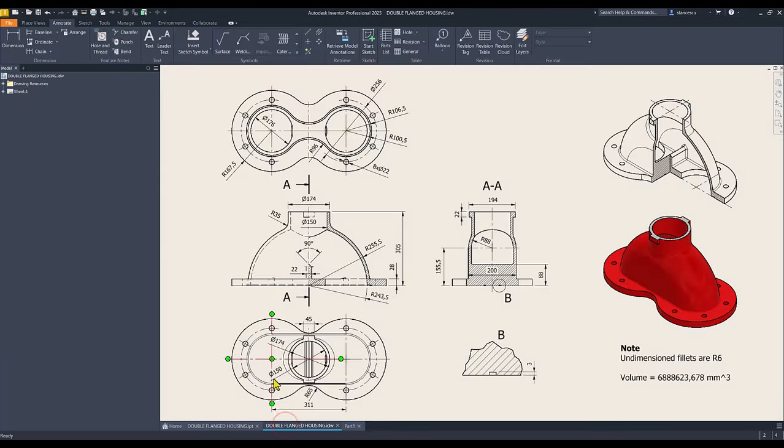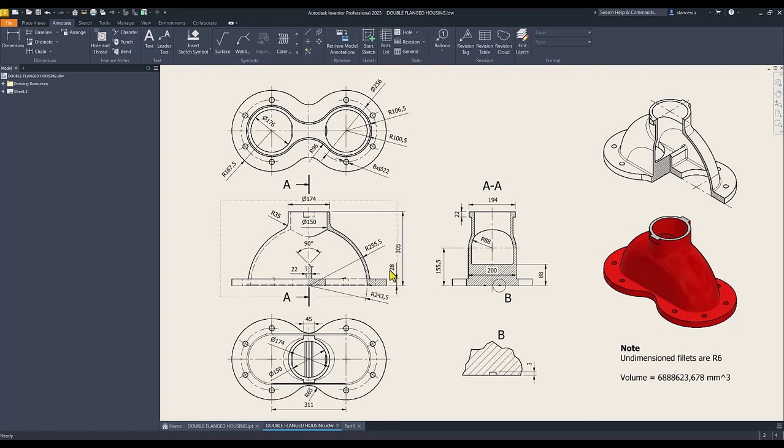Next is the flange. The flange has this contour with dimensions radius 167.5 and radius 65 here.